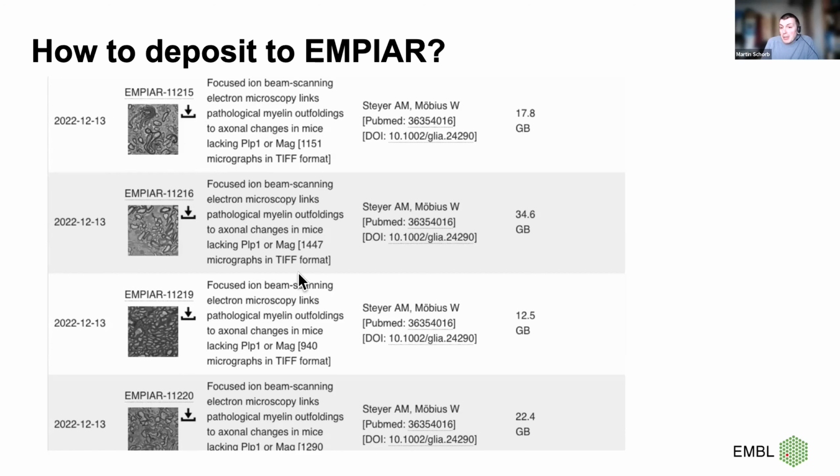So yeah, the way you upload data also depends on what you want to show, and this is currently done differently. These are just 2 random examples that I took from, I think, the first 2 pages of EMPIAR depositions. If you go there, you'll find them as well.